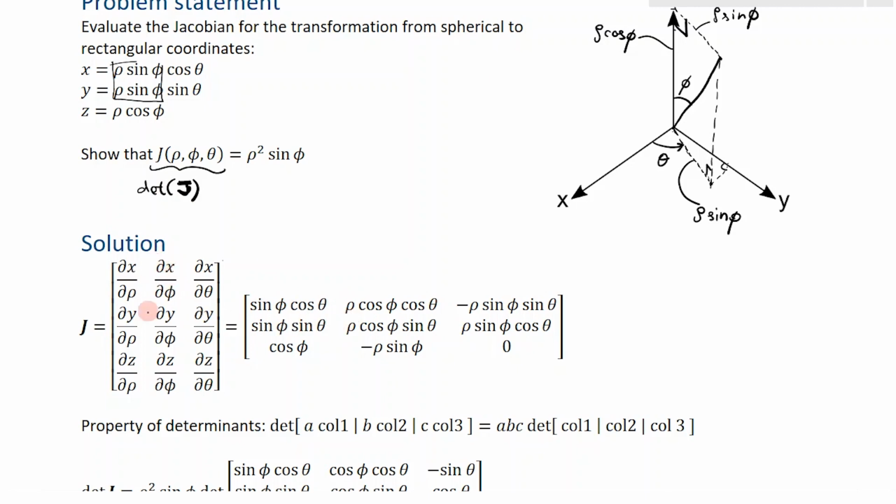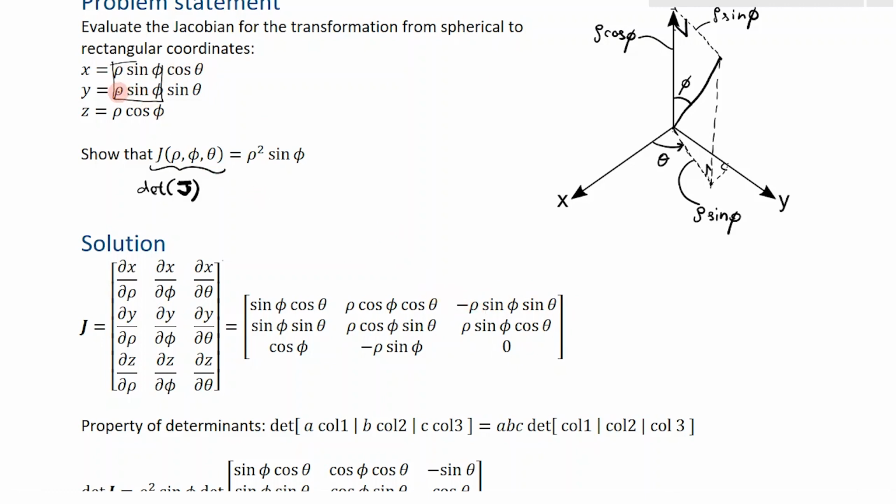For derivative with respect to phi, we will get rho cosine phi cosine theta, rho cosine phi sine theta, and then negative rho sine phi. With respect to theta, we'll have rho sine phi, and then negative sine theta. That's what I have here, and negative moves outside.